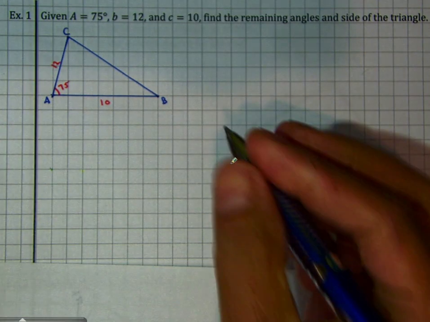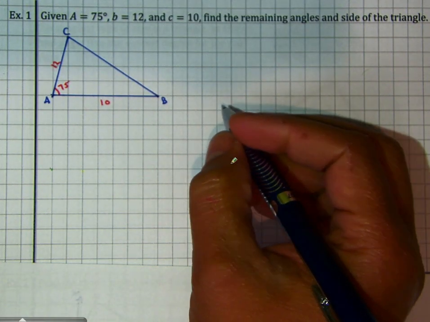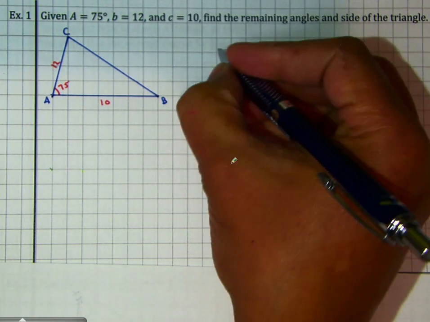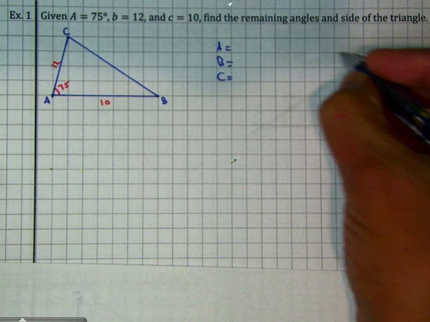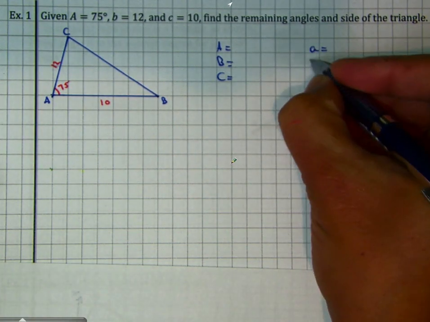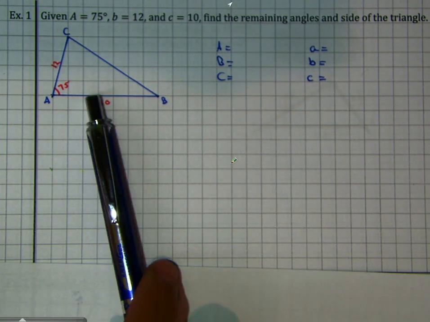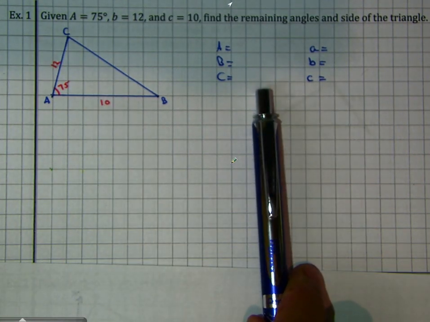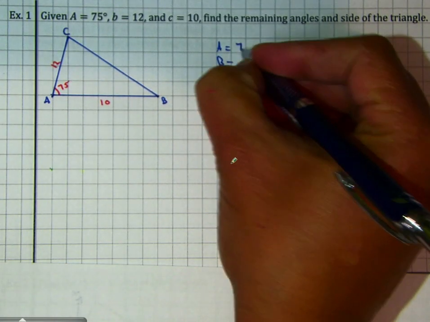Now we need to solve the triangle, so we need to find the remaining sides and the remaining angle. So let me go and label A, B, and C. You want to do this on your homework as well because that's going to be very helpful to just visualize the shape or list all the sides, and to visualize which law you need to use, law of sines or law of cosines. So in this case, we know that A is 75 degrees.